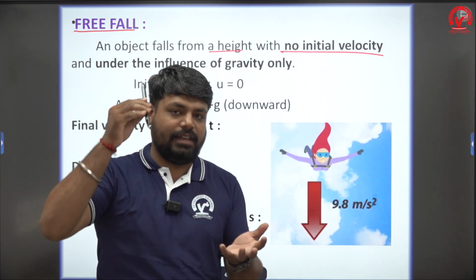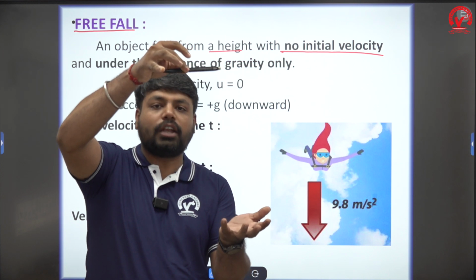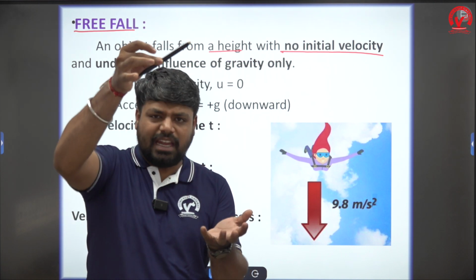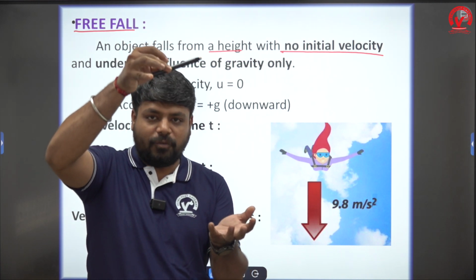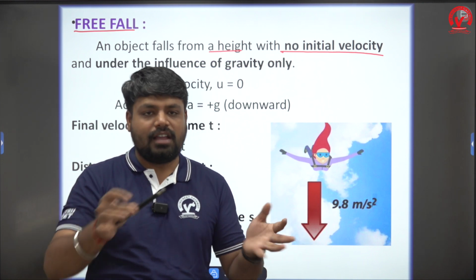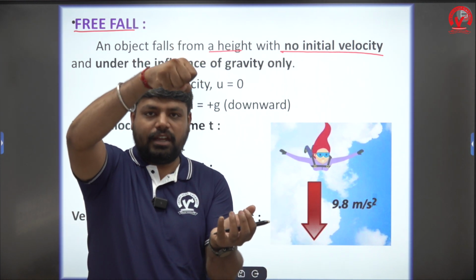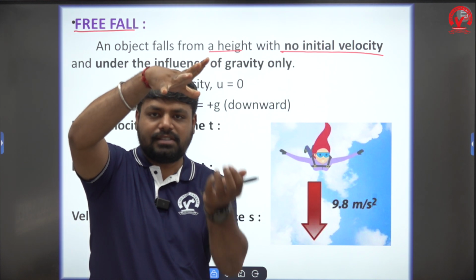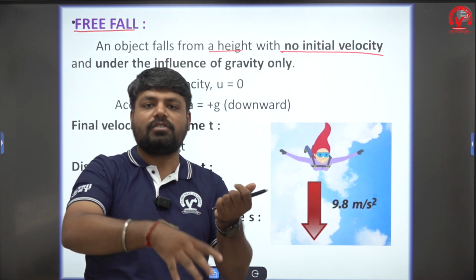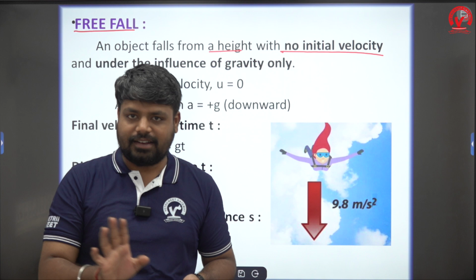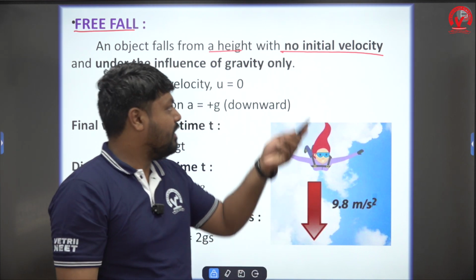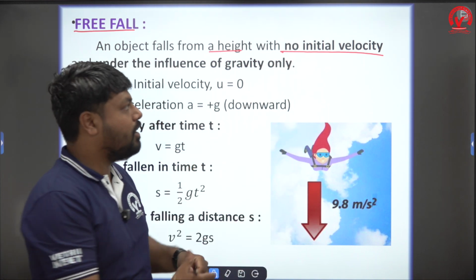So listen very carefully. Am I giving any velocity to fall? No. Am I giving any force to make this pen fall downwards? No, not at all. I am just leaving it, just holding it. After releasing it, what happens? It falls down. Am I giving any force to move down? No, not at all. So the initial velocity in the freely falling body is 0.